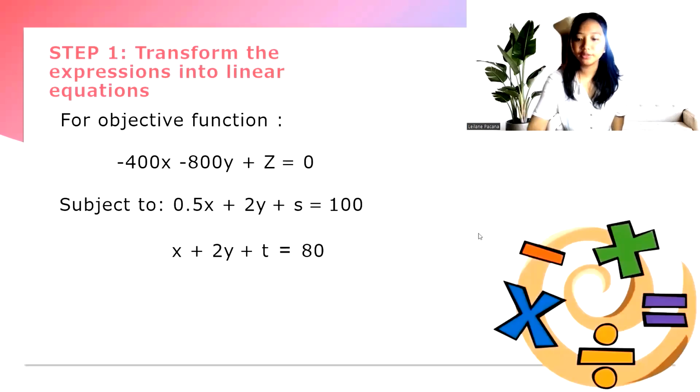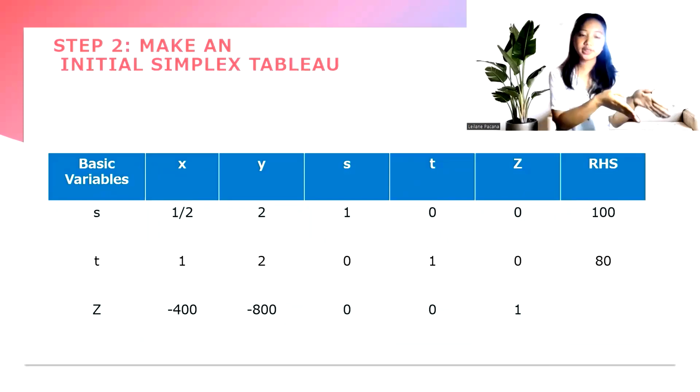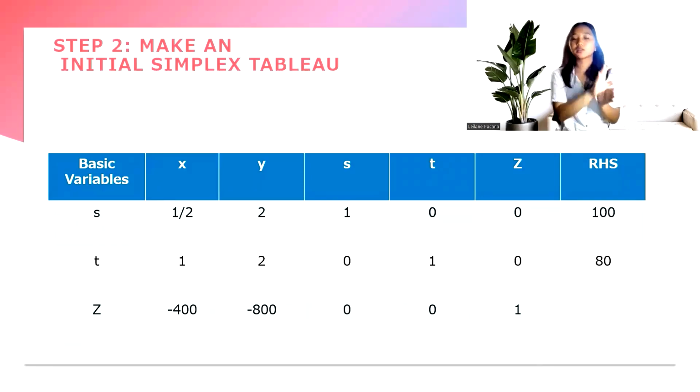So now we have to make our initial simplex tableau. We just have to put the basic variables, the s, t, and the z, and put all of our equations in the table. So 0.5, we can also use 1/2 for that. In this table, I have used 1/2 for x, 2 for y, and 1 for s as our first slack variable.